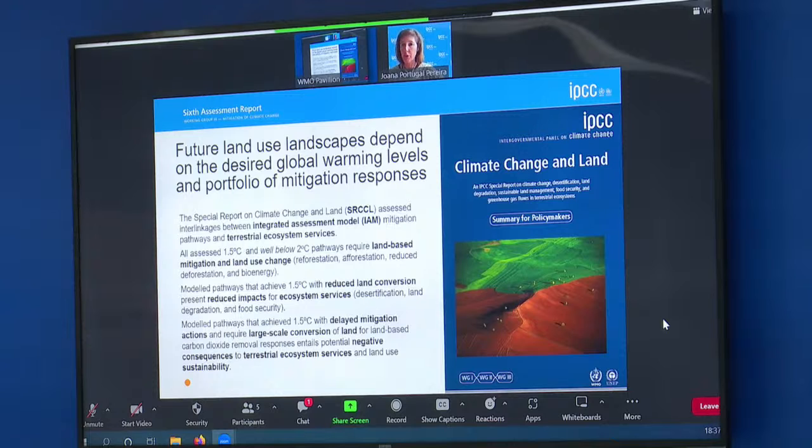And the sooner we act on climate reduction emissions, the lower dependence we have on these strategies and the lower impact or potential trade-off effect we have with other ecosystem services. So meaning when we delay action, we actually require larger scale of conversion of land that implies negative consequences to terrestrial ecosystem service, as was highlighted by previous speaker.